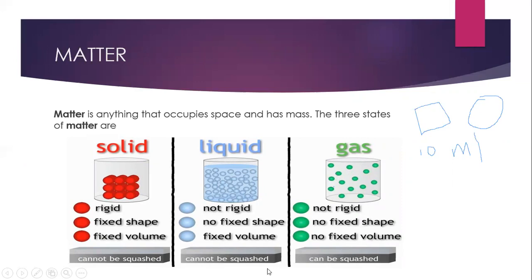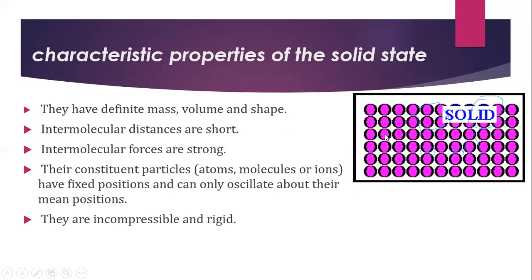But in case of solid, the particles are very close to each other and they have a strong intermolecular force of attraction, due to which particles cannot move. So they have a fixed position and they cannot oscillate about their mean position.